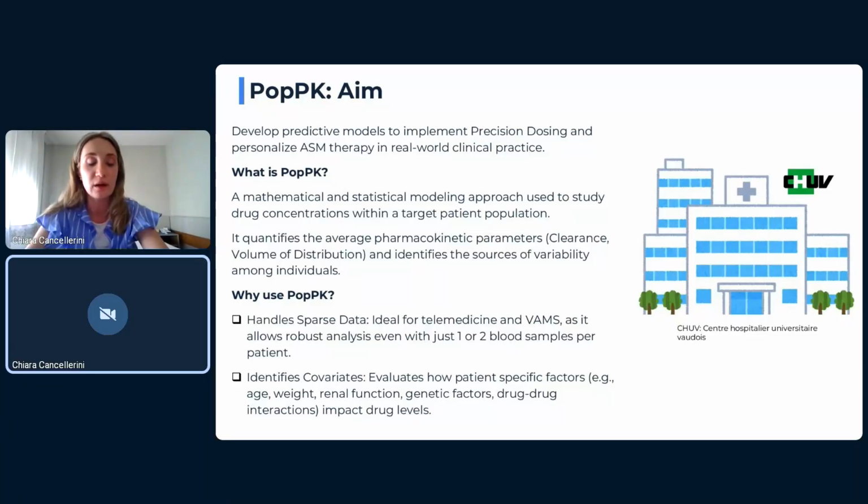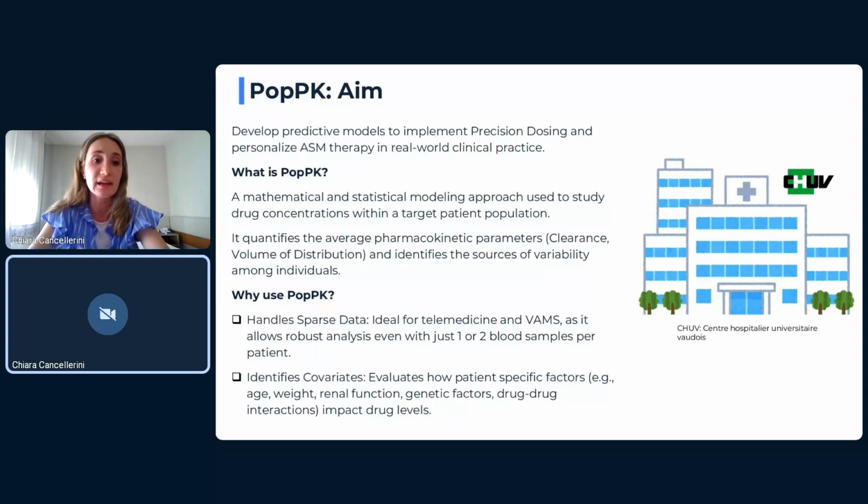This is why we chose to use POP-PK. The traditional pharmacokinetics requires multiple frequent blood draws from the same patient, but this is impossible in an at-home setting.